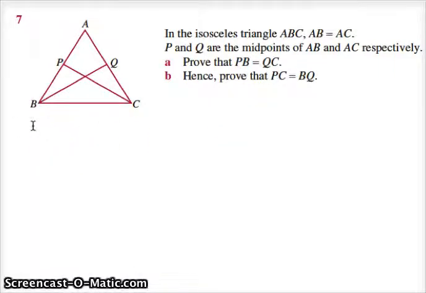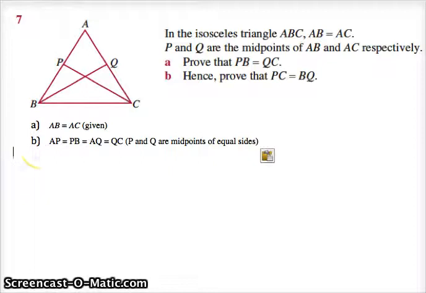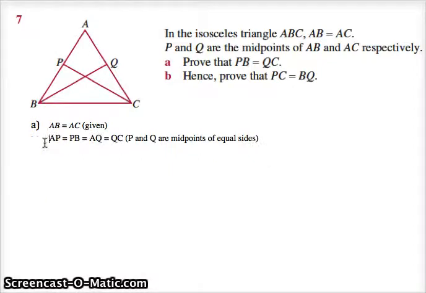So we start off with our answer for part A, and we can say that AB equals AC and that is given. We can then say that AP is equal to PB, which equals AQ, which equals QC, and that's because P and Q are the midpoints of equal sides.